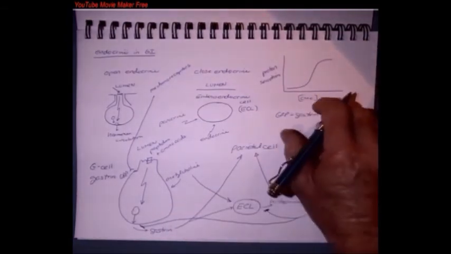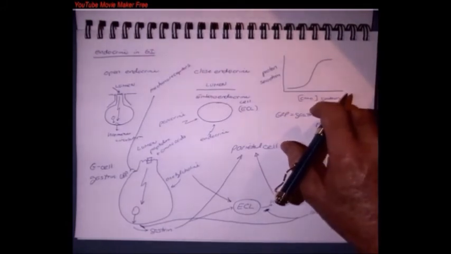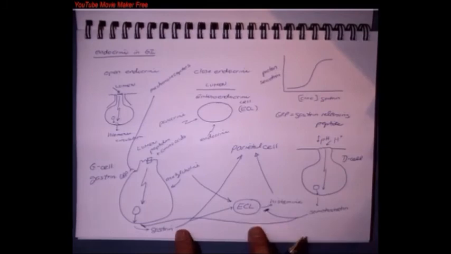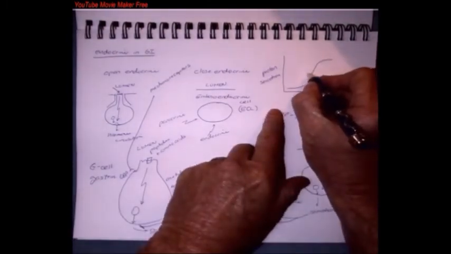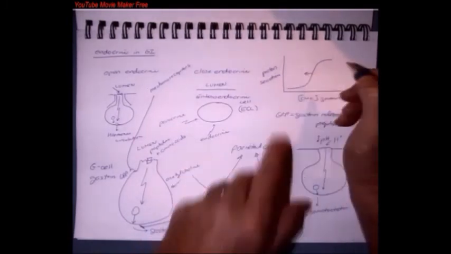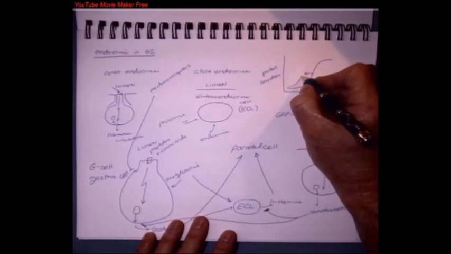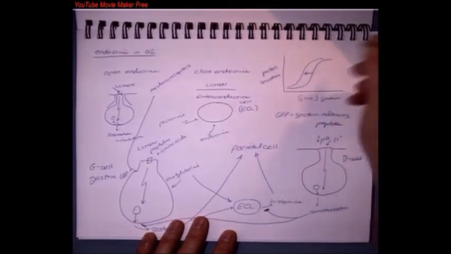Now, this is gastrin. If we add histamine on top of this, because we see the signal with the parietal cells, a combined effort between the gastrin and the histamine, what we are going to do is now shift this curve to the left. So now we will see the effect like this.